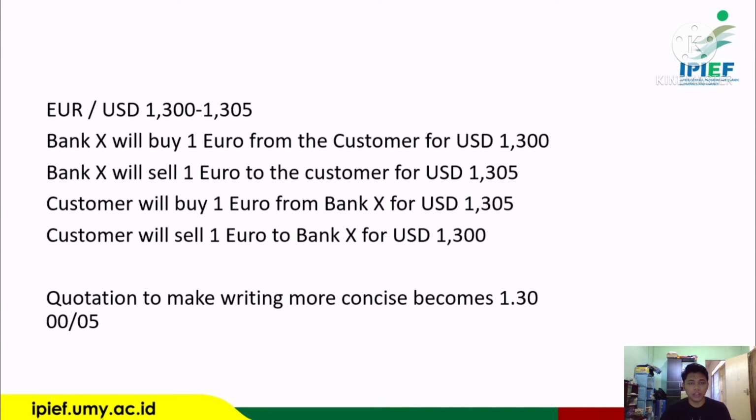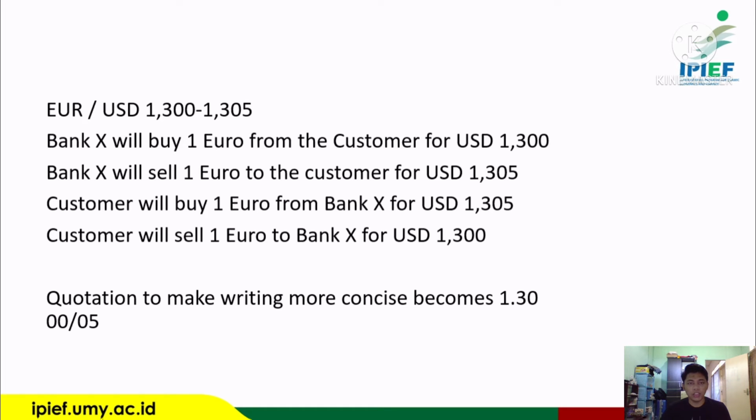Here is the example of the buying and selling rate. I took the example of the euro over the USD, with the currency exchange rate between 1.3 and 1.305. How do we interpret that?